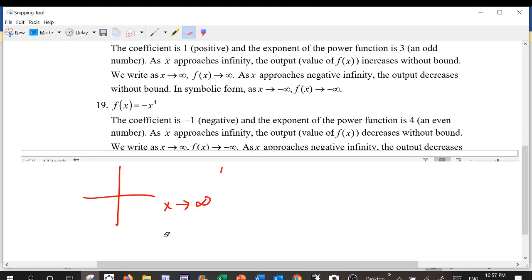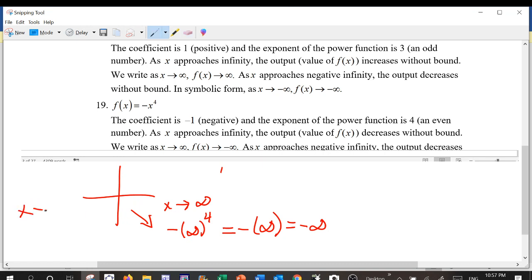That becomes negative infinity to the fourth power. Now, infinity to the fourth is infinity, so we just have negative times infinity, which is negative infinity. So on the right, when x is really large, y is really negative. So it's going to look like this.